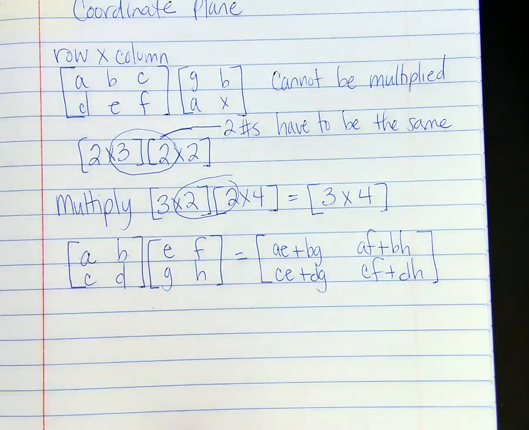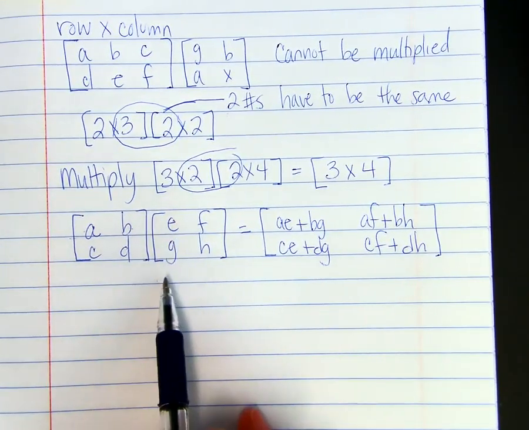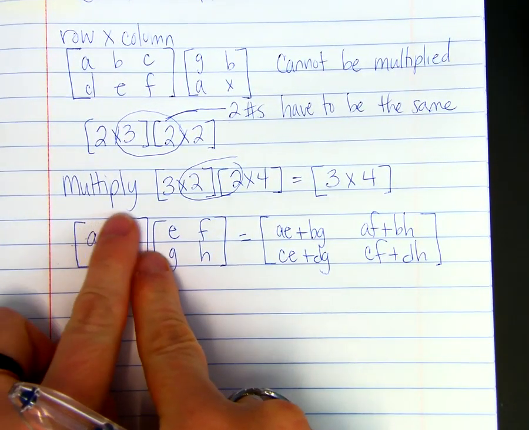Okay. I think I'm going to stop it here because I want to show you another way to help you remember how. Actually, I should probably do it on the video, shouldn't I? Okay, I'll do it on the video. So when you take your first row and first column, you can imagine just taking this and flipping it sideways like that.